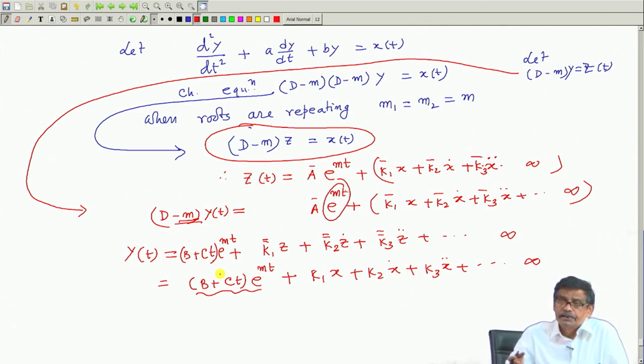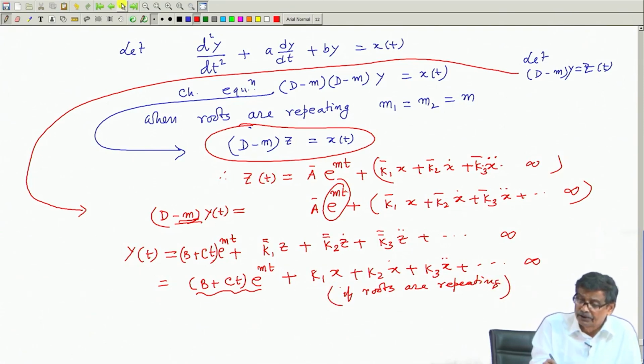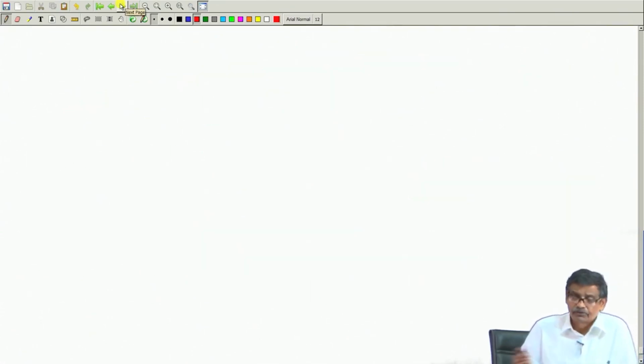Therefore, there may be two options coming. One is roots are distinct. If two roots are repeating, this will be the thing. I will just point out which I am not going to do.